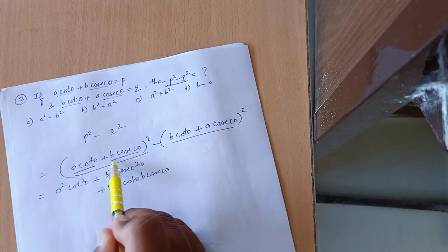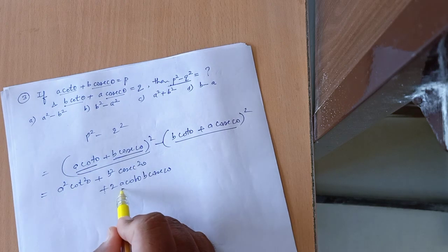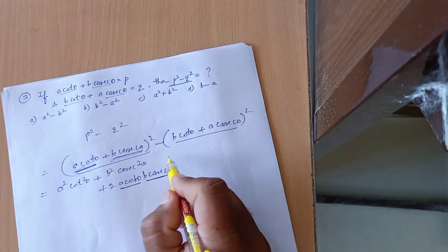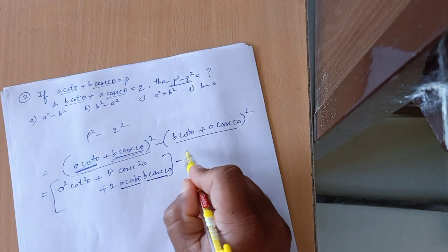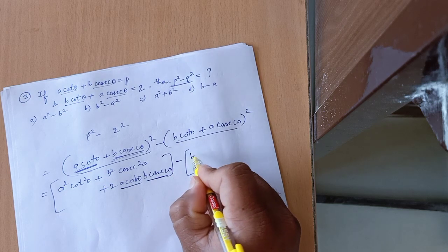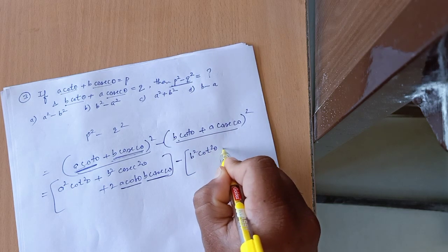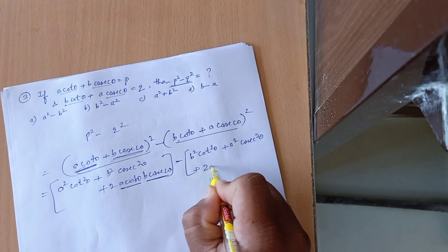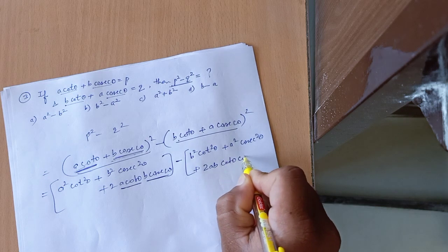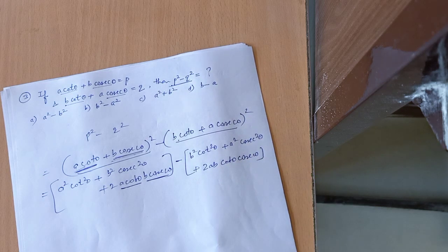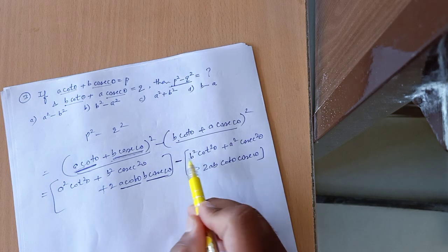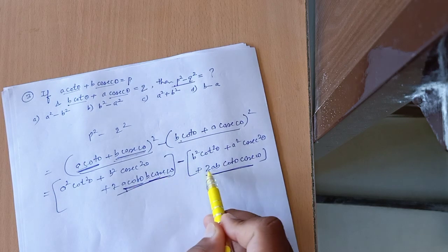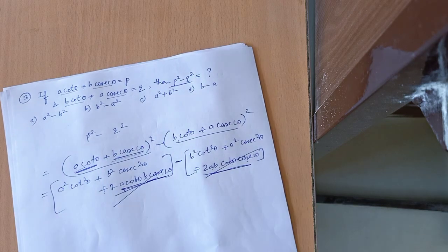Then similarly you will write for the second: square of this, b square cot square theta, plus a square cosec square theta, plus 2ab cot theta cosec theta. Right? Now if we open the bracket, this thing and this thing are both the same, 2ab cot theta cosec theta, 2ab cot theta cosec theta, so this will be cancelled.